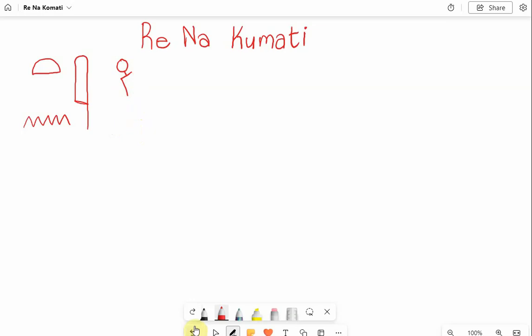Okay, let's do this. All right. And it's supposed to represent an old person leaning forward, with both hands forward towards the ground.